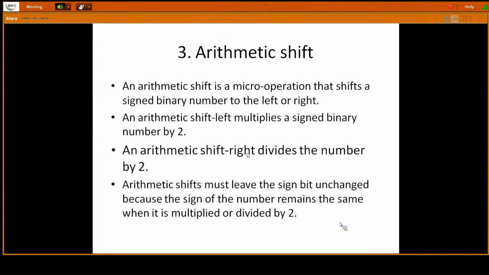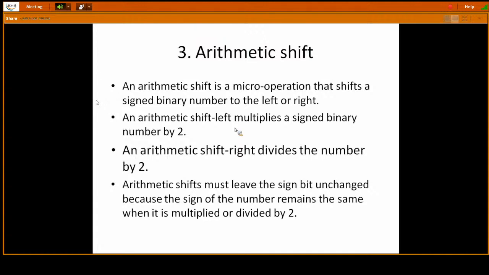And the last one is arithmetic shift. Three categories are logical shift, circular shift, and the last one is arithmetic shift. Let us see what this arithmetic shift micro operation is. Arithmetic shift micro operations are mainly used to perform a shift operation on signed data.